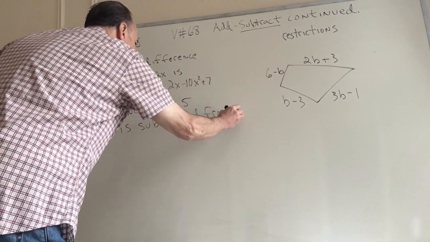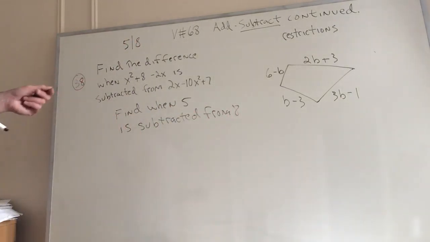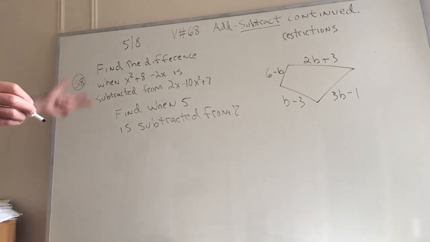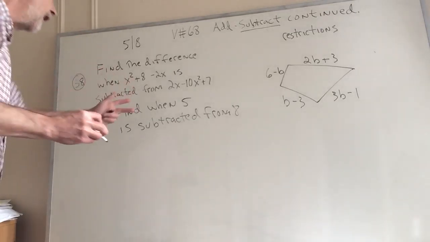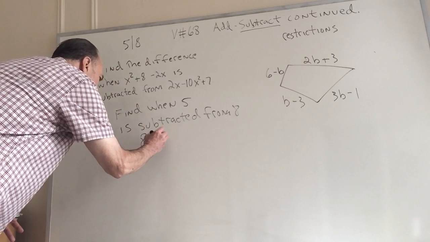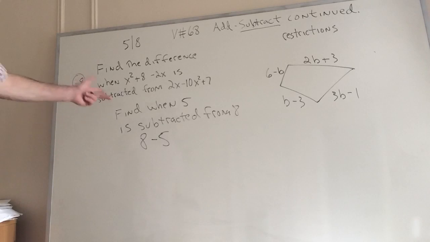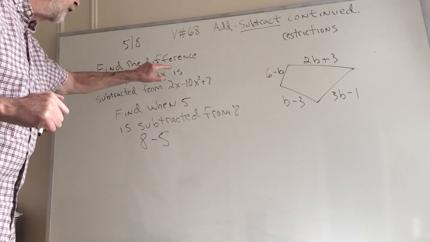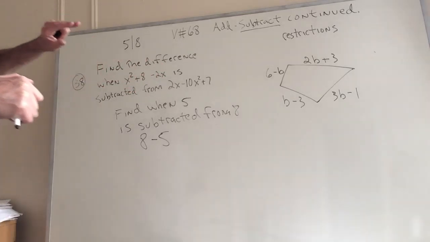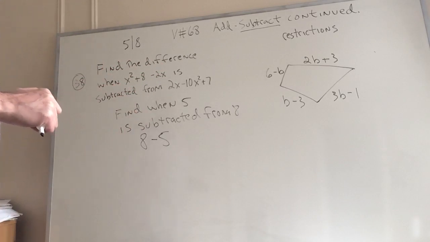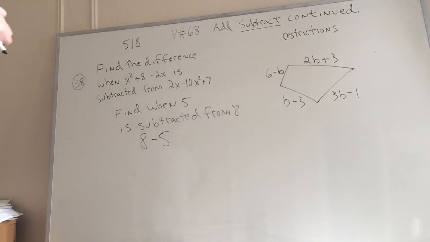And we see that the kid who speaks decent English, or the kid who's thinking about what they're saying, knows that 5 subtracted from 8 means 8 minus 5. So they want you to read through that, and there it is. You can click it, you can stop it, but there's no difference between the first example, number 38 from the Regents book, and the elementary school problem when I said find when 5 is subtracted from 8, and they're both going to turn out to be the same thing.